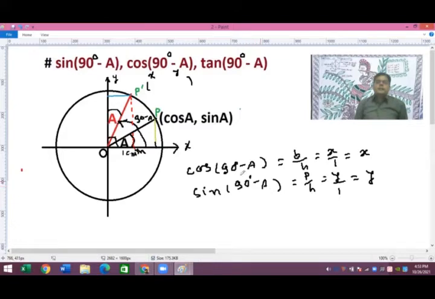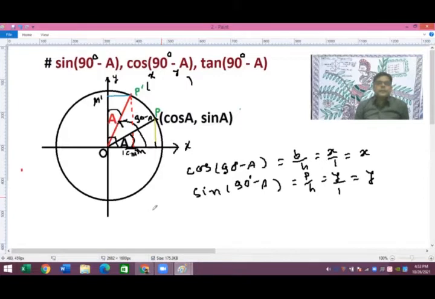Let's relate this with the other angle A. We are taking the same angle A over here with respect to this angle POX. Alright. So let me talk in this triangle now. So M it is, then you can write here M dash if you like.